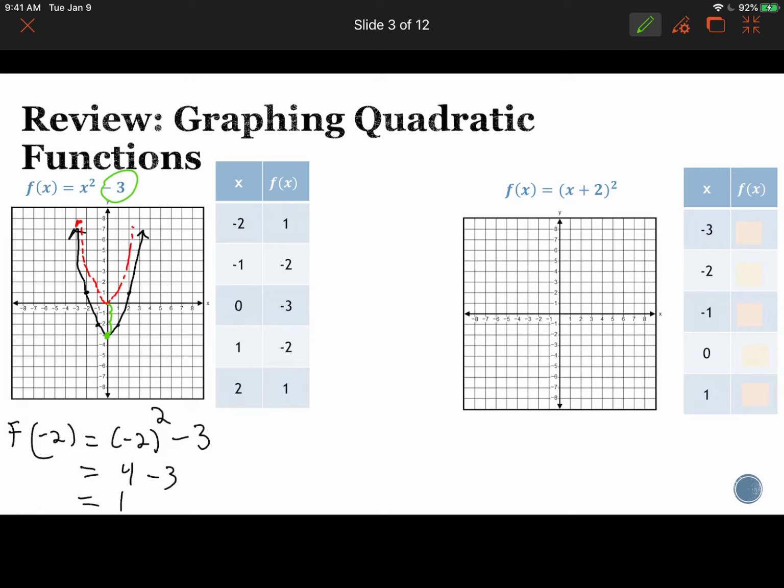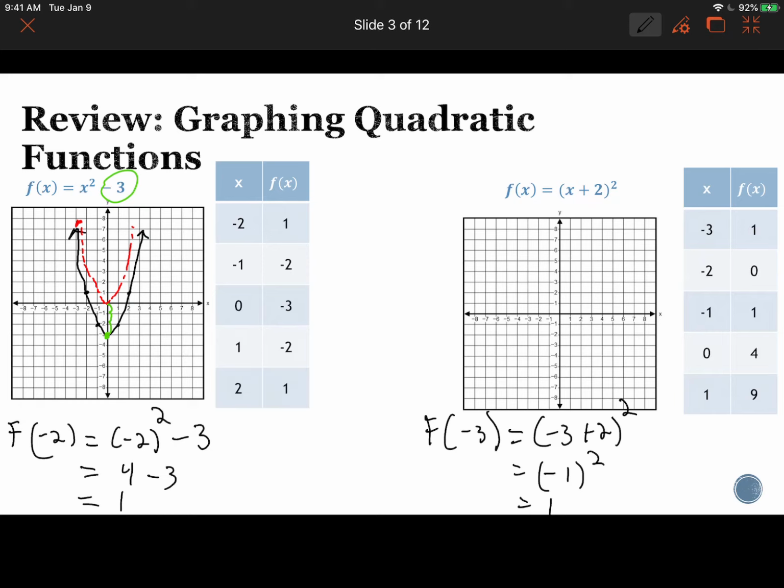Now let's take a look at the next equation. Again, a little bit different. So we're going to go ahead and evaluate for each of these values. F of -3 is equal to -3 plus 2 squared. -3 plus 2, -1 squared, giving me +1, excuse me. When I evaluate the function for -2, f of x is 0, -1, 1, 0, 4, and 1, 9.